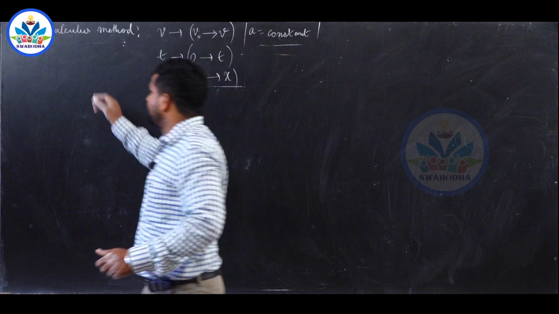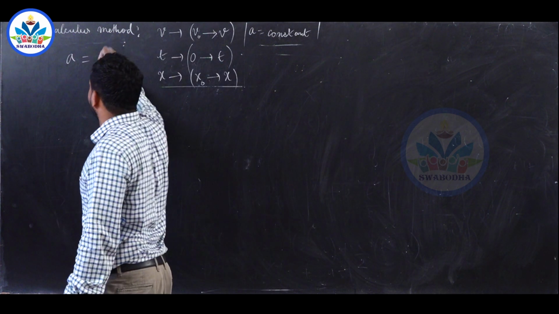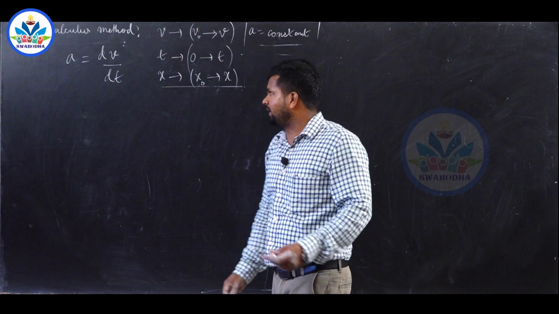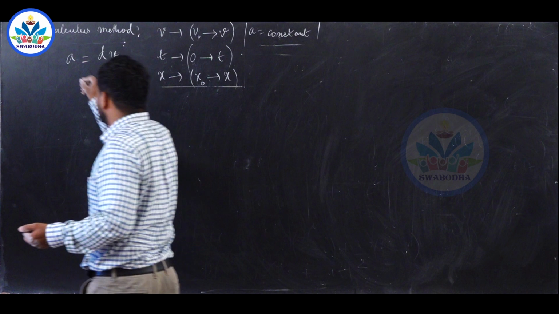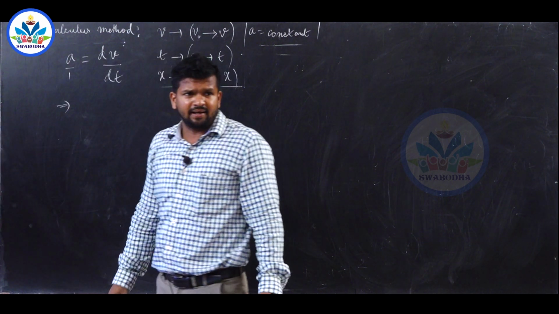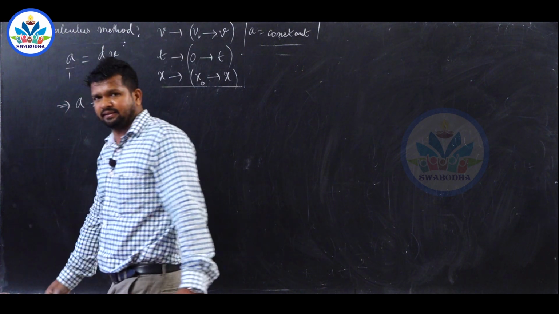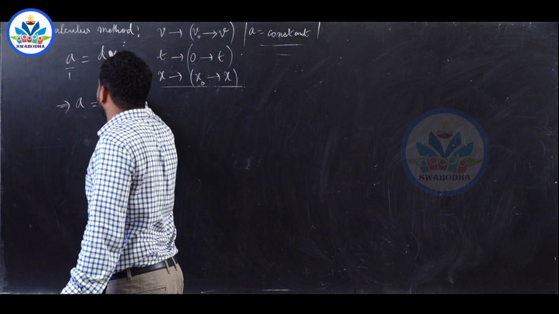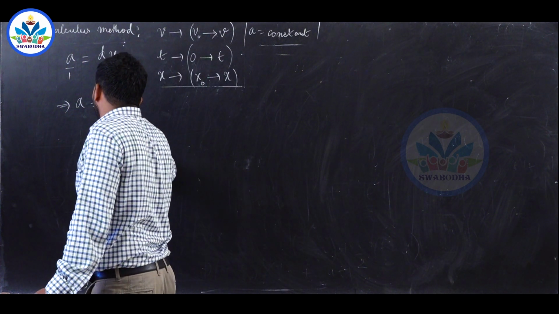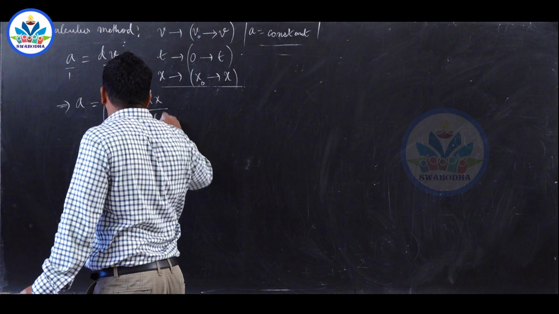For this, the starting step is the same as that of the first equation, that is, a equals the definition of instantaneous acceleration, a equals dv by dt, correct? So I can write dv by dt like this. Only the first step is the same, the next step changes. Because velocity is a function of both position and time, by the chain rule, dv by dx into dx by dt.